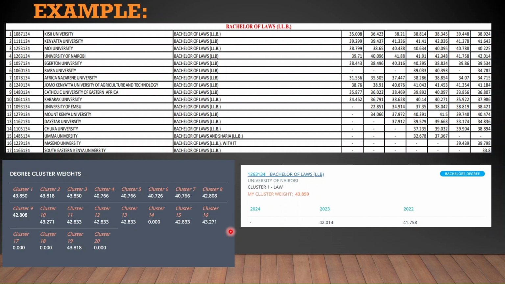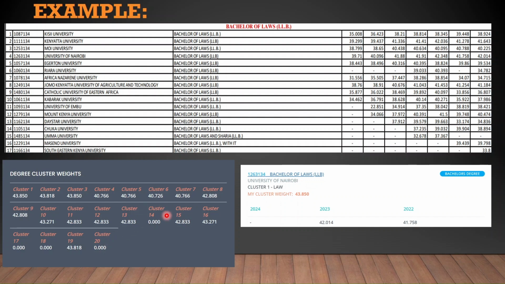So in summary, cluster points are basically yours. Okay, these are what you have gotten. They were your cluster points, but cutoff points are after the competition. Well, I know sometimes you are curious. You can see there is a bit of 0.00. Whenever you open your portal and you find that there are clusters which have a 0, it means you cannot do that course whatsoever, simply because you don't meet the minimum requirements, or you did not actually do a very important cluster subject.